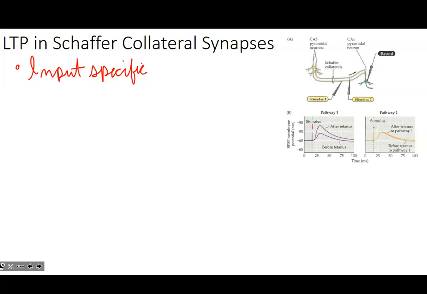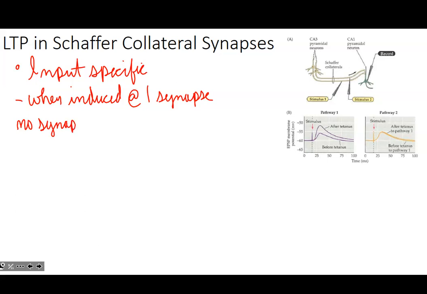So basically what I mean by this is that when LTP is induced at one synapse, we don't see the other synapse demonstrate LTP. No LTP.